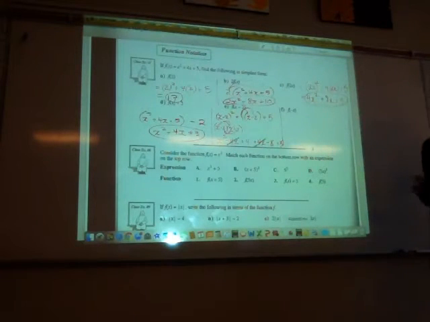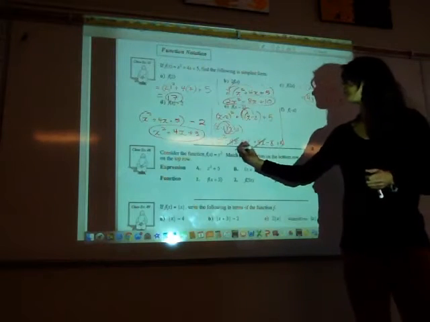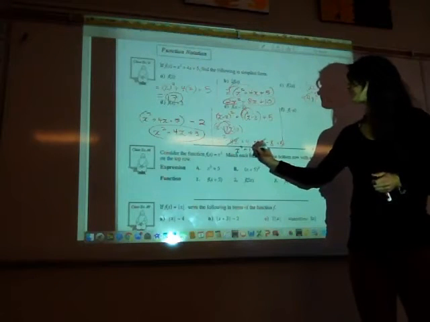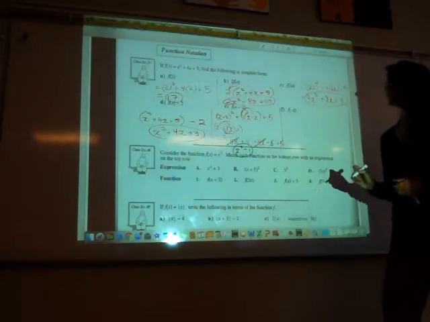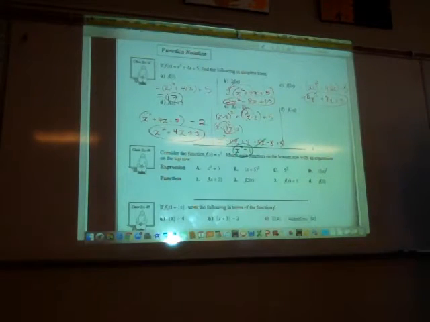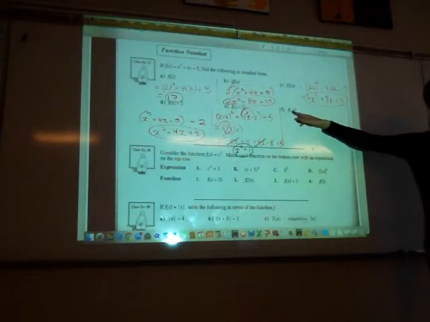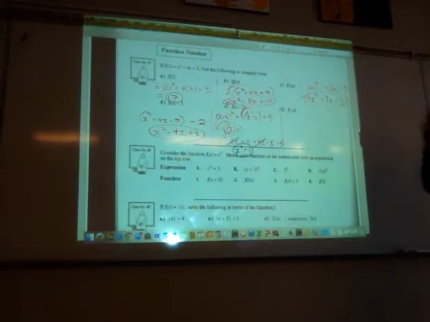And 4 minus 8 plus 5, we should get +1. So we are left with x squared plus 1. And last one, x is being replaced with -x. I'm going to get you guys to try this on your own, and then we'll see how you do.